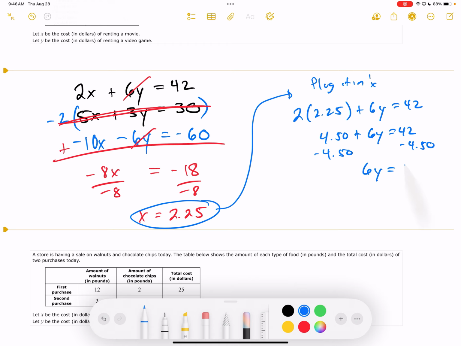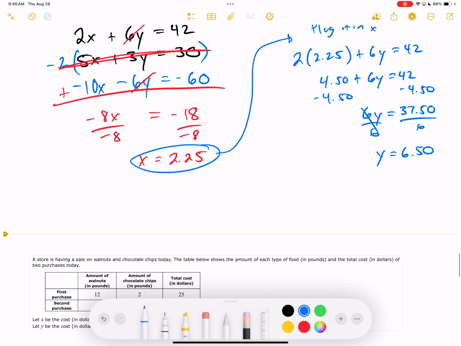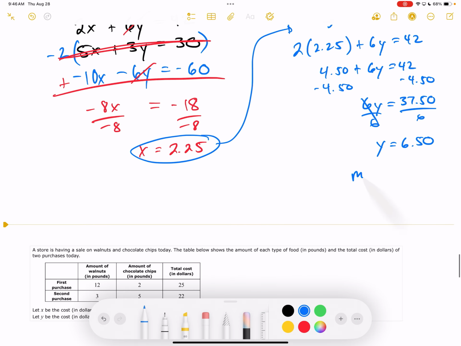That's 37.5. Divide by 6. And that is $6.50. So my movies were $2.25, and my video games were $6.50.